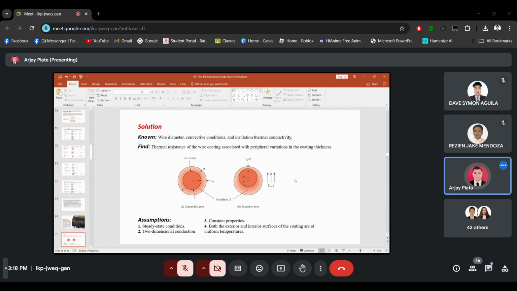For the eccentric one, we will use the formula for case 7.